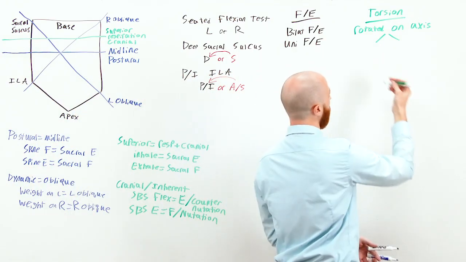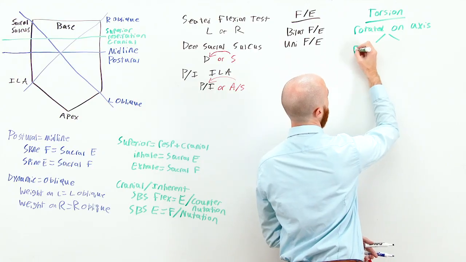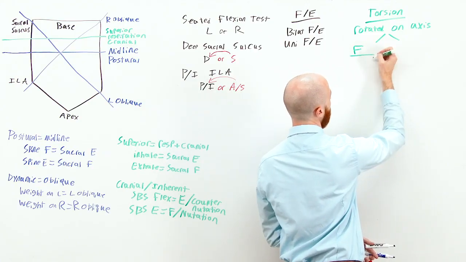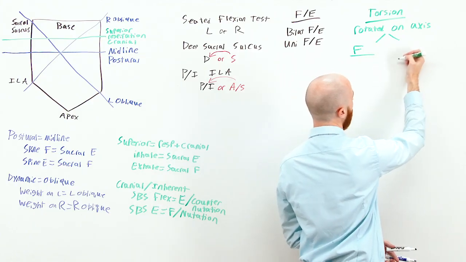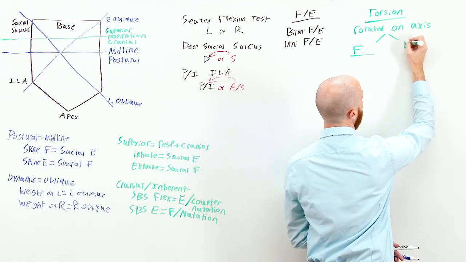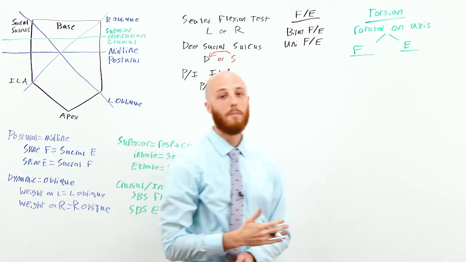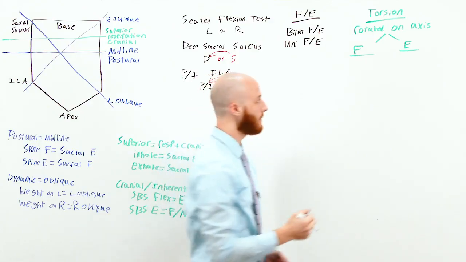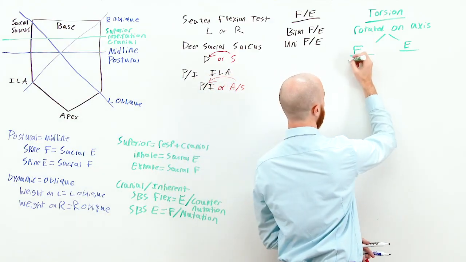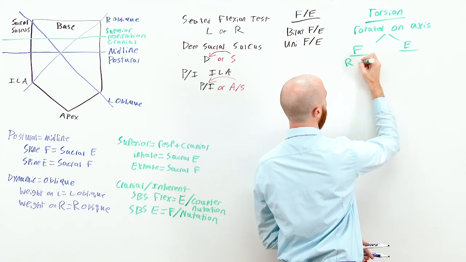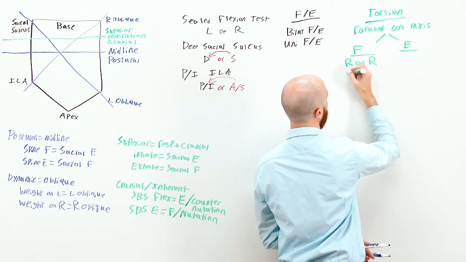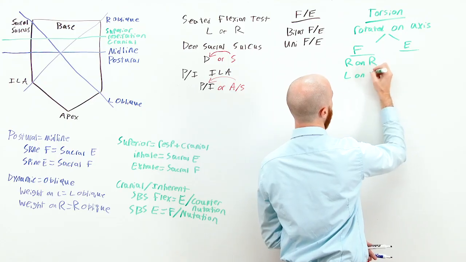So there are two types of torsions. You can either have a flexed torsion or a forward torsion, or you can have an extension torsion or a backwards torsion. For flex torsions, you can have a right on right or a left on left.